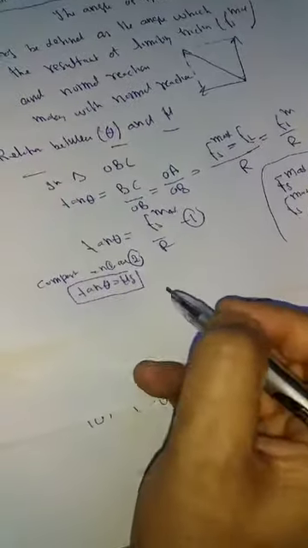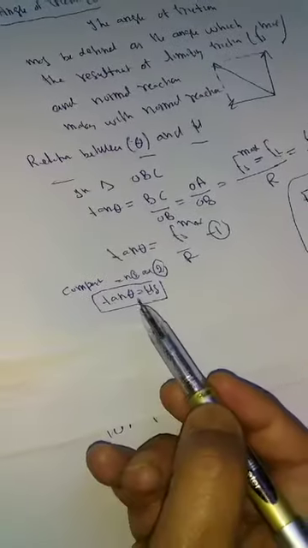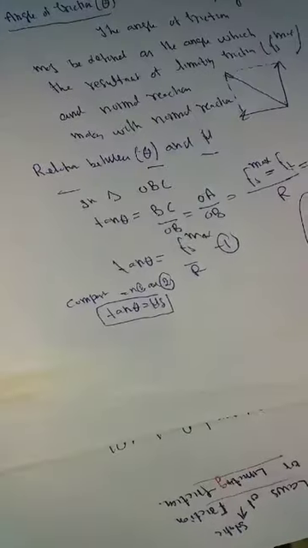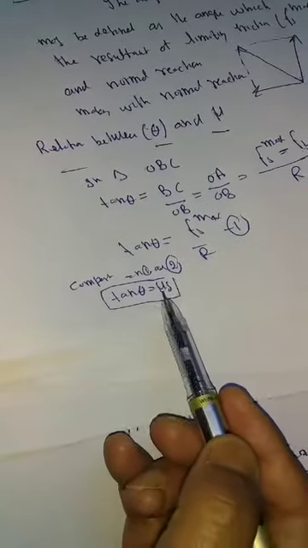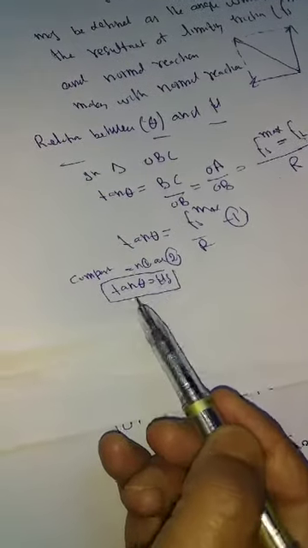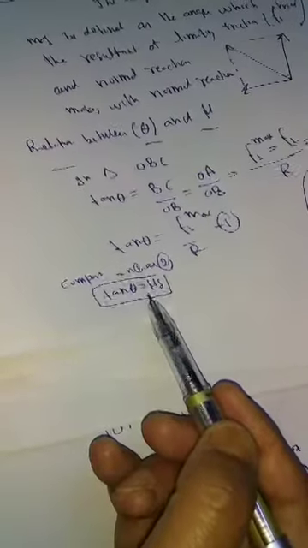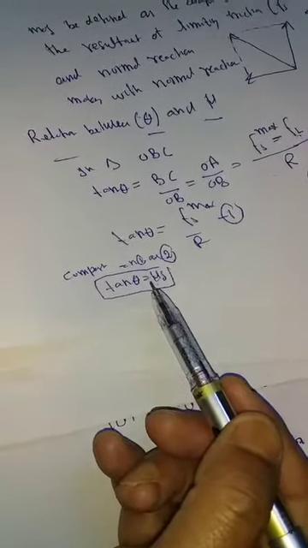This is the relation between theta and the coefficient of friction. That means the coefficient of static friction is equal to the tangent of the angle of friction.